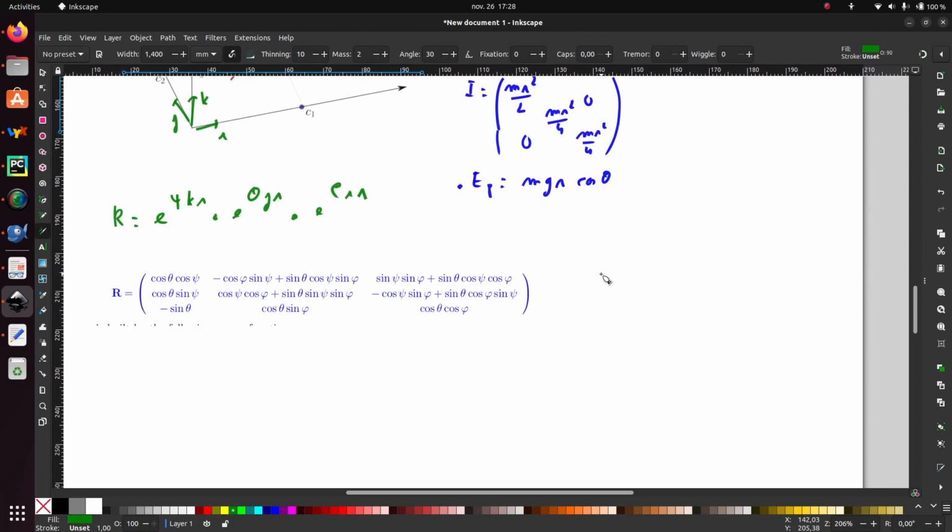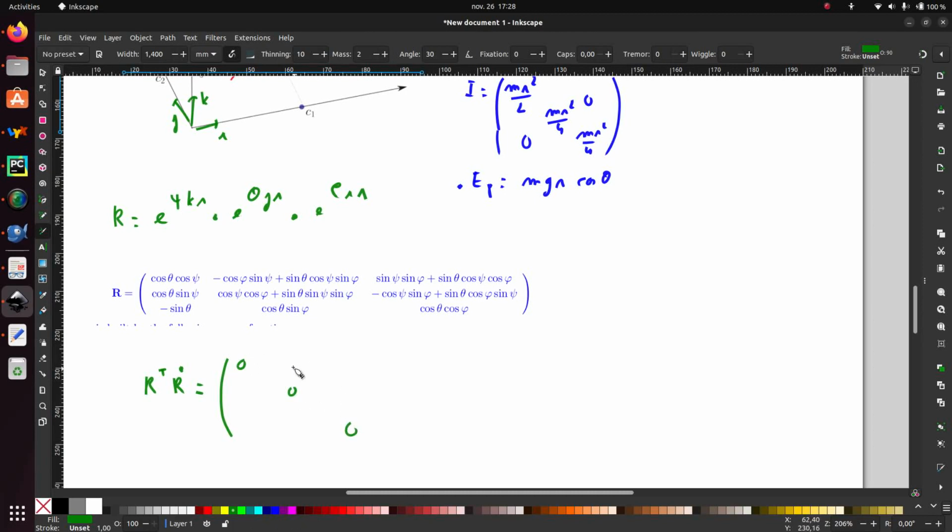Now from this, I recall how to obtain an expression for omega R. I know that R transpose multiplied by R dot is directly related to omega R, the rotation vector expressed in the body frame.